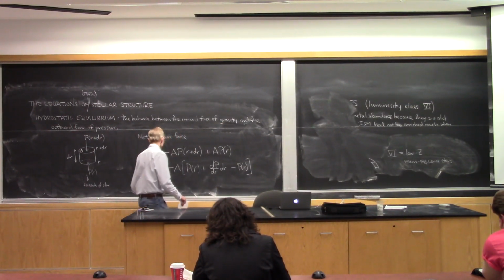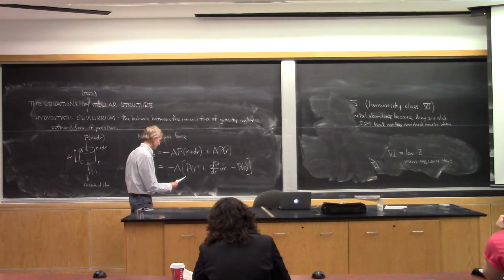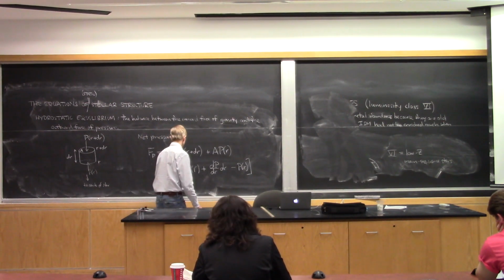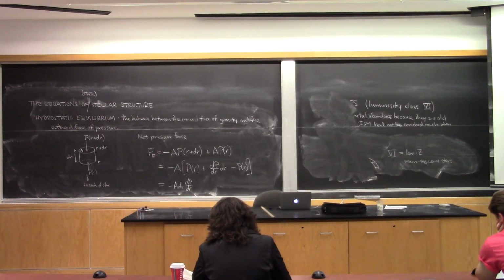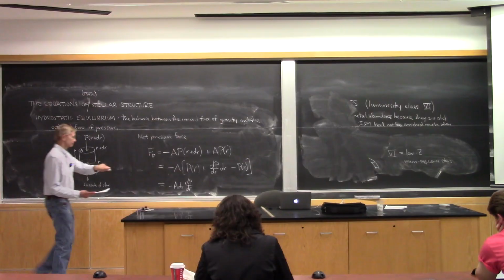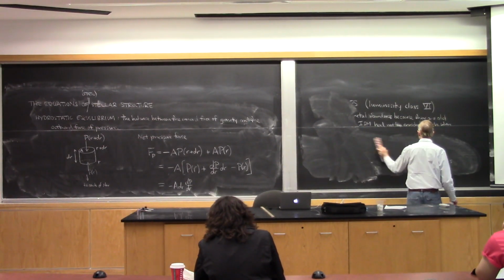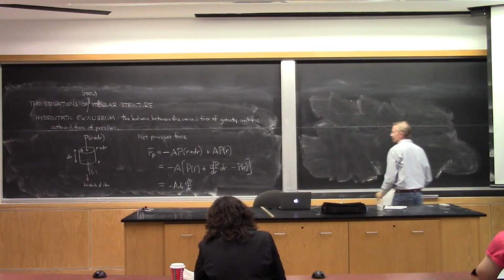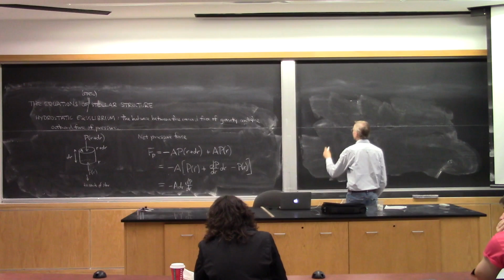And so we'll get to the conclusion, oh look, the P of R's cross out, and you're left with minus A dr times dP dr. The net pressure force is minus A dr dP dr.